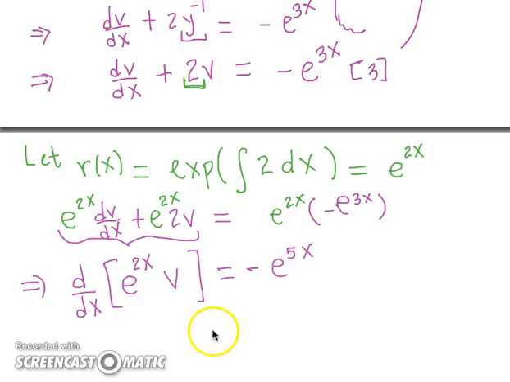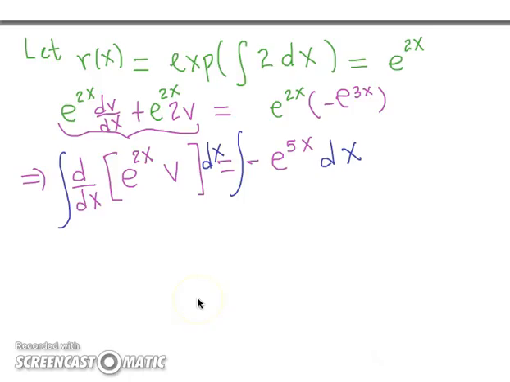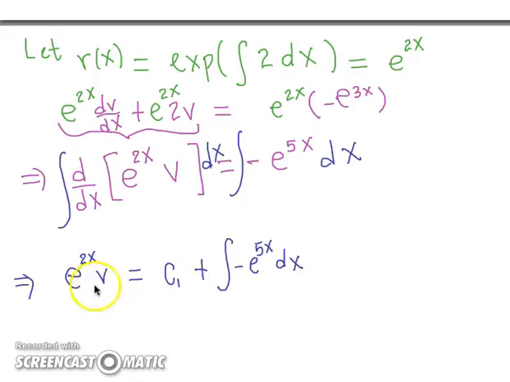Okay, so what we do next is integrate both sides of this equation with respect to x, which implies that the left-hand side is e to the 2x times v.